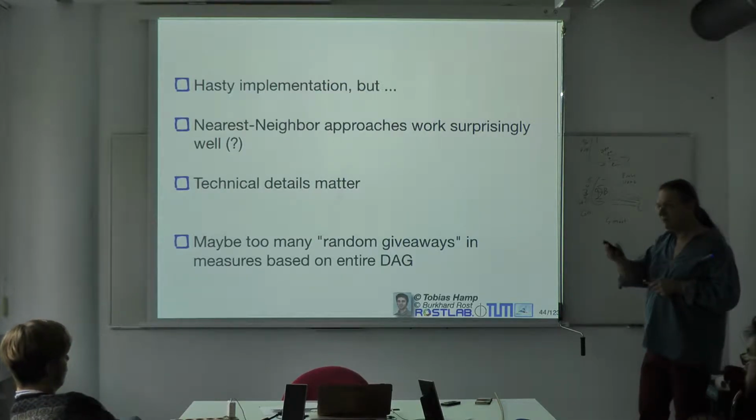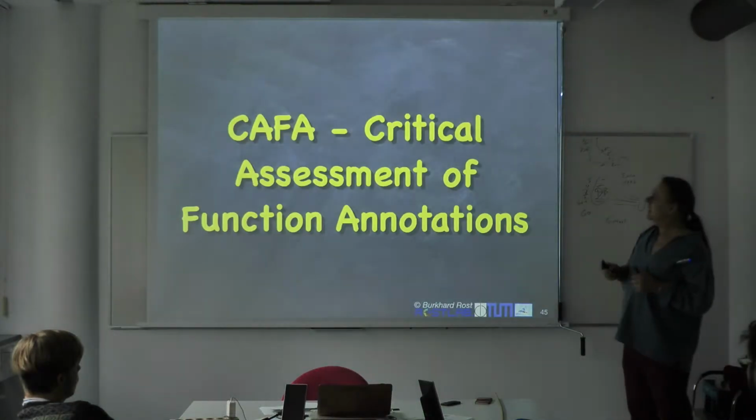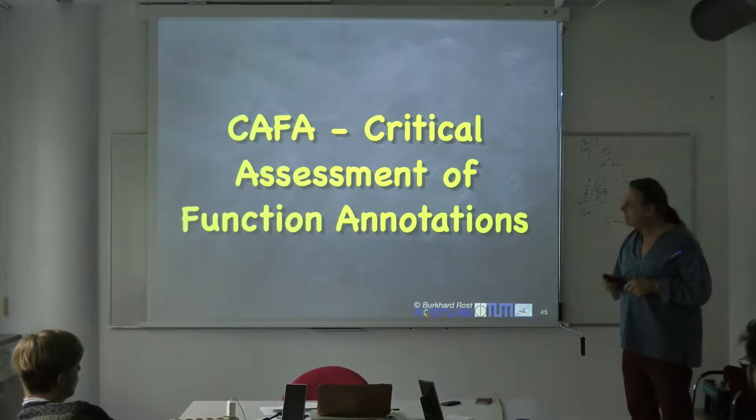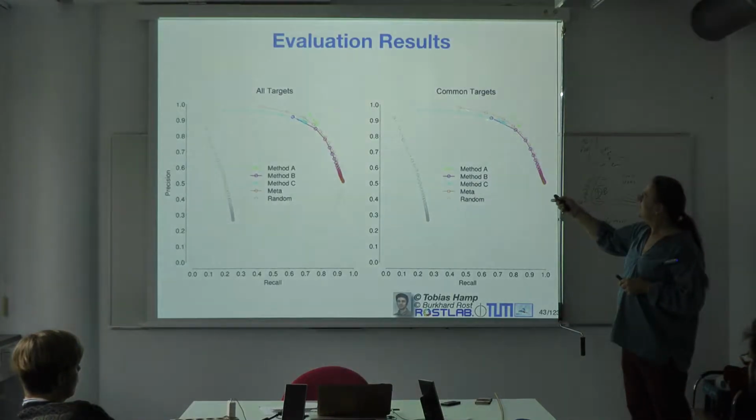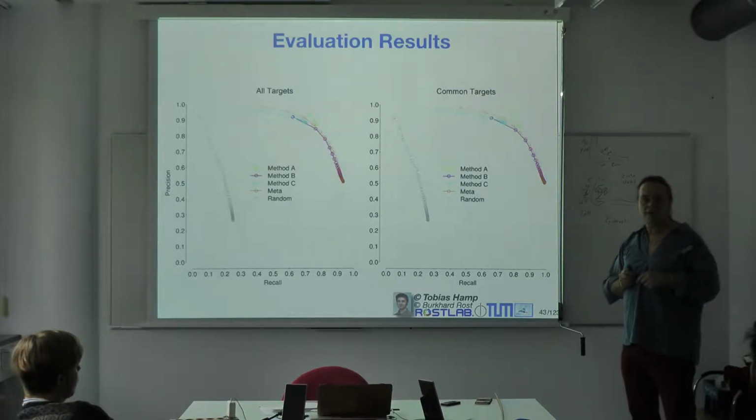We were surprised how well the nearest neighbor worked, that you immediately translated. And we were surprised how much the technical details mattered. And then, the next step was, we tried to somehow find an optimization through those 3. How could you do that?